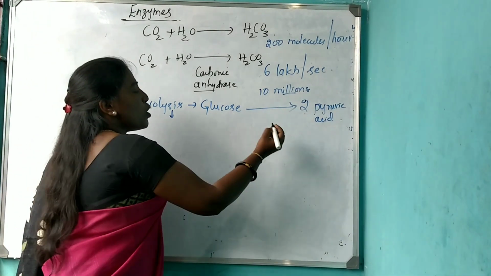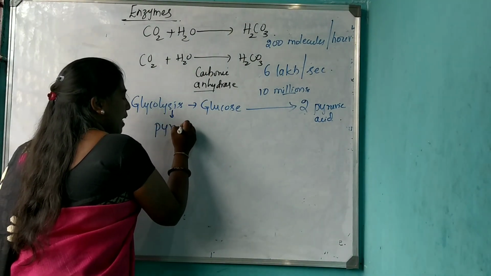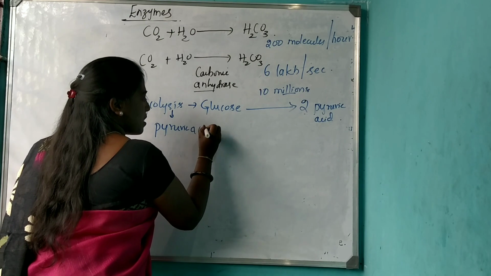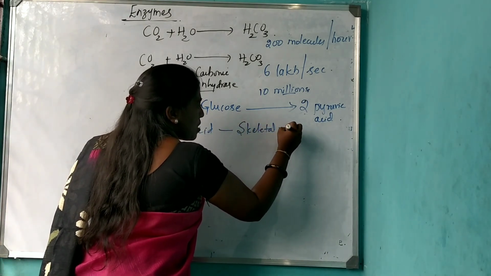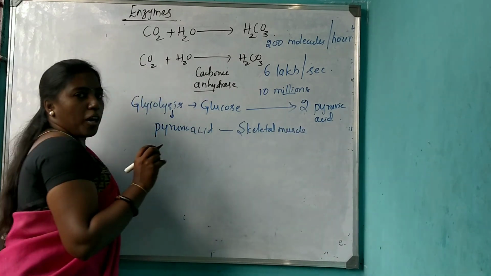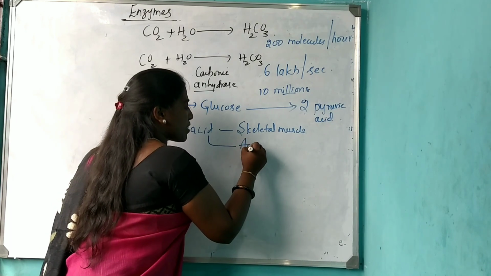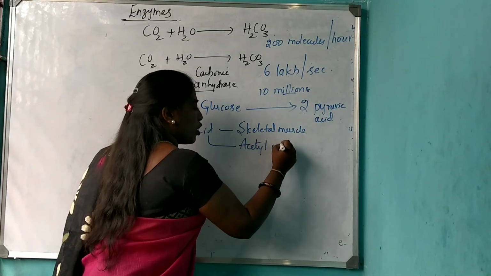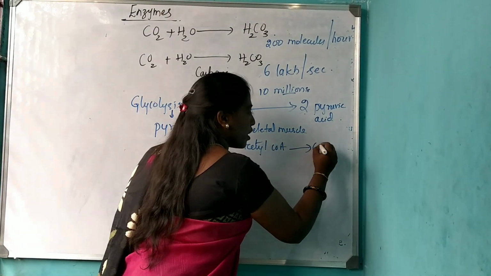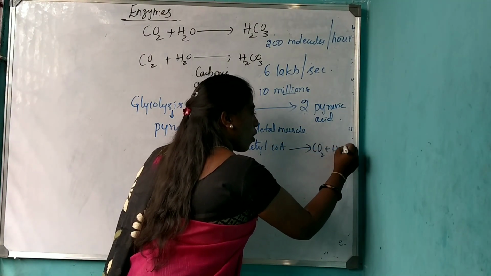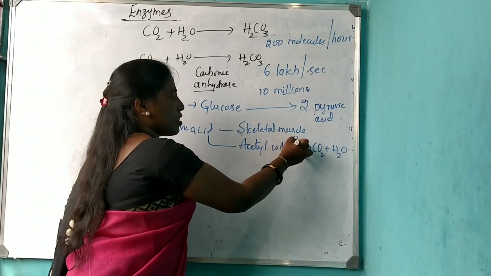For example, take pyruvic acid in the skeletal muscles. In the normal condition, pyruvic acid will be converted into acetyl-CoA. Later the acetyl-CoA is converted into carbon dioxide and water, under aerobic condition, that is, in the presence of oxygen.